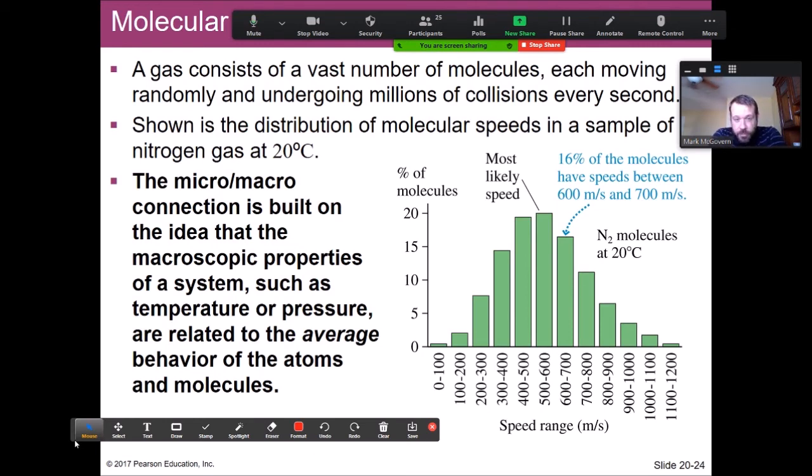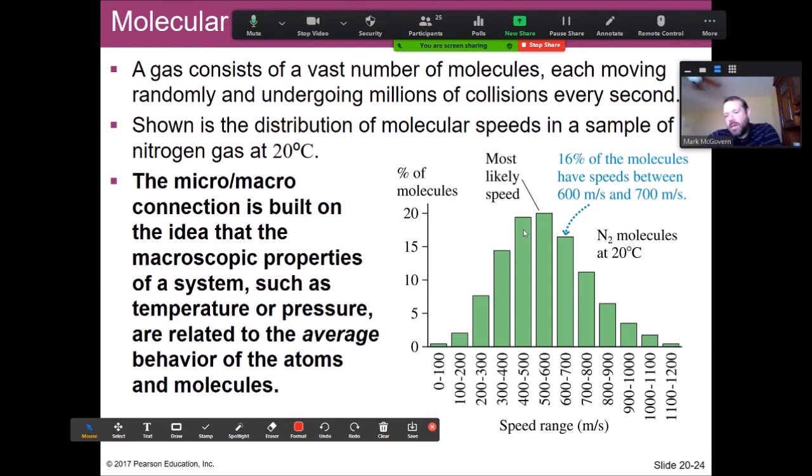Okay. But this is an example of how those distributions look. This is, I believe, nitrogen at, it says right here, nitrogen at 20C. And so this is the distribution of speeds for different molecules.